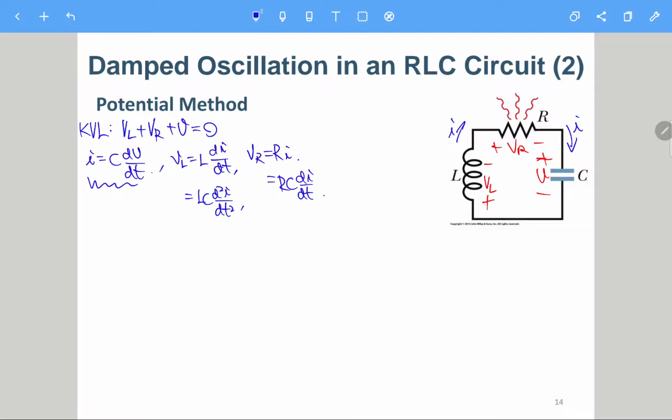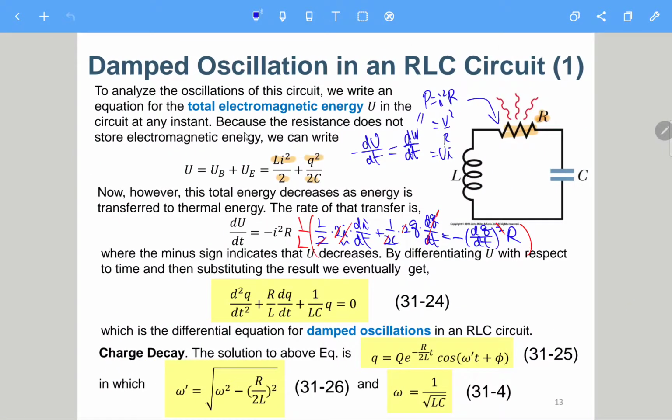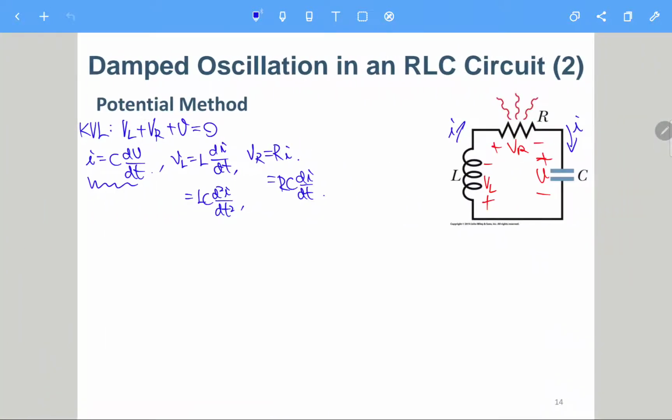So this is the potential method. Here it uses the power method, or the energy method mentioned in this textbook. Usually in circuit theory, we use the potential method, use KCL, KVL all the way to write out the equation.